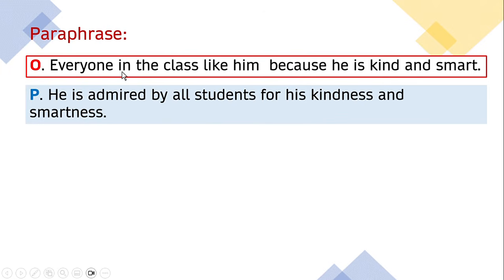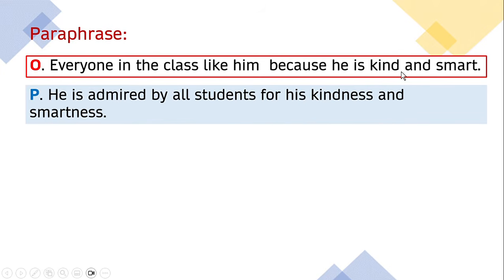So, everyone in the class, this is all students. Like is admire here, but I change the active into passive, so it becomes is admired. I start here with the pronoun he. He is admired by, instead of saying everyone in the class, I said all students, because means for.